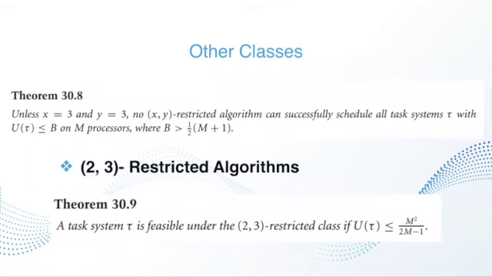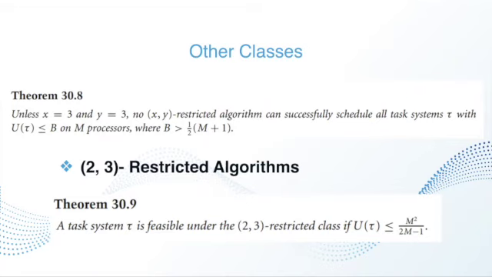Theorem 30.8: unless x equals 3 and y equals 3, no x and y restricted algorithm can successfully schedule all task systems tau with u(tau) less or equal than b on m processors, where b is greater than (m+1)/2.